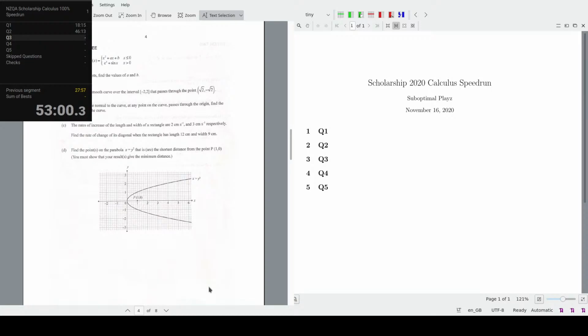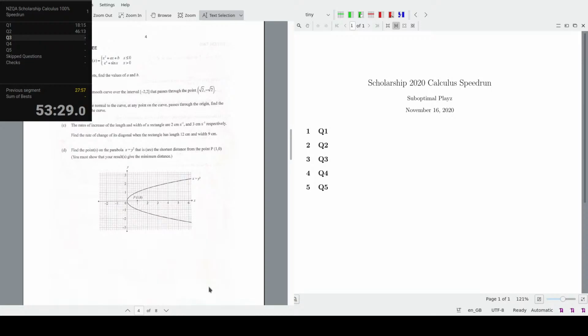what does it pass through? Root 2, negative root 2, which implies that x squared plus y squared is c is equal to root 2 squared plus negative root 2 squared, which is equal to 4. Right, so x squared plus y squared is equal to 4. Nice. And y is equal to negative root 4 minus x squared.